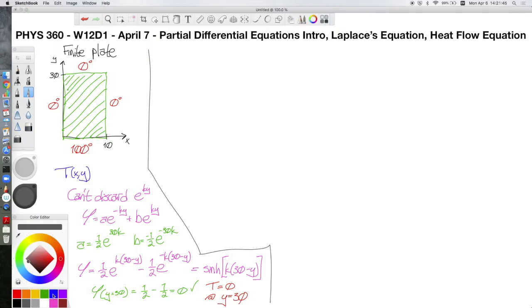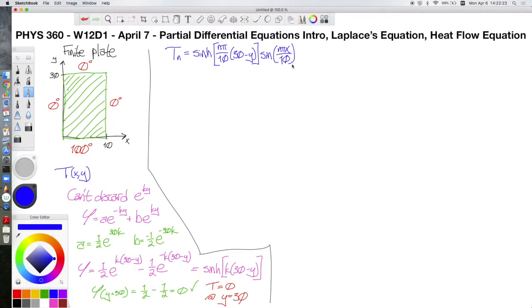So now we can write our basis functions again. Our basis functions, the functions we're going to take a linear combination of to find our final answer, are going to be sinh of k times (30 minus y), where k is still n pi over 10, times the sine of n pi x over 10.